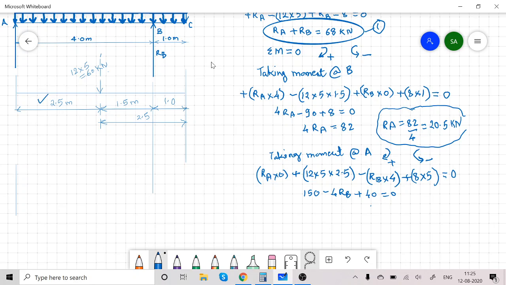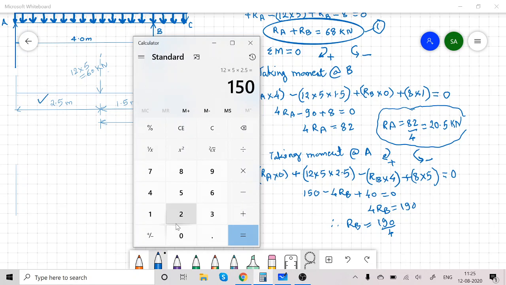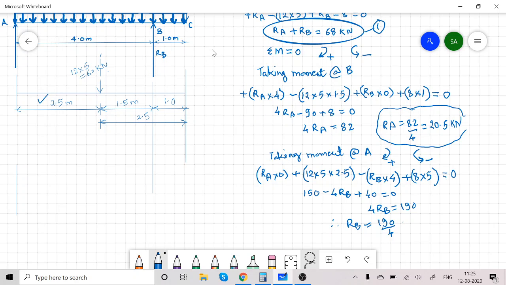So 4RB is equal to 190, and therefore RB equal to 190 divided by 4, we get 47.5 kilonewton.